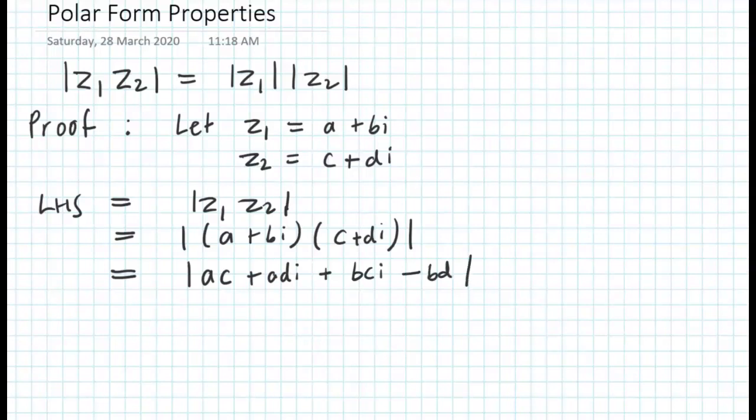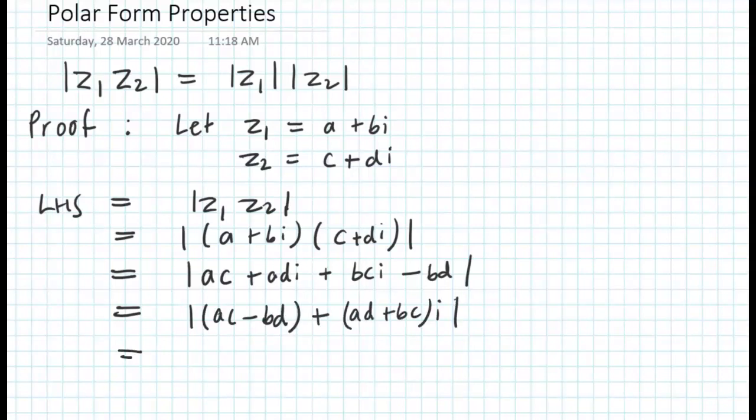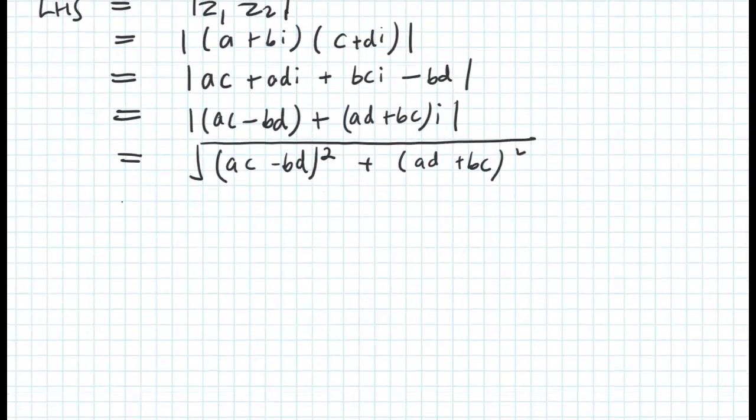Now remembering that i squared equals minus 1. Next, we'll group our real parts together and the imaginary parts together, and then we apply the definition of modulus, and then carefully expand out both of those squares.